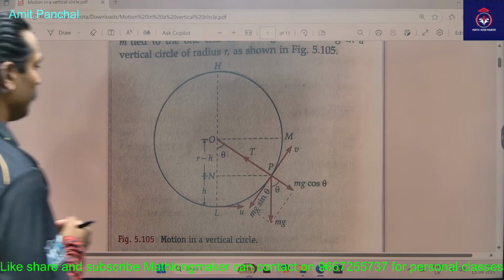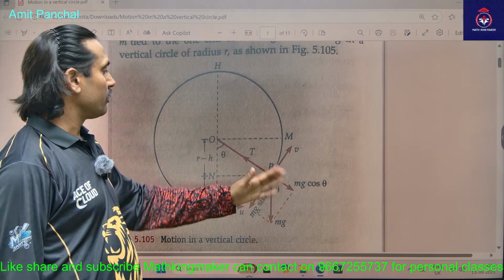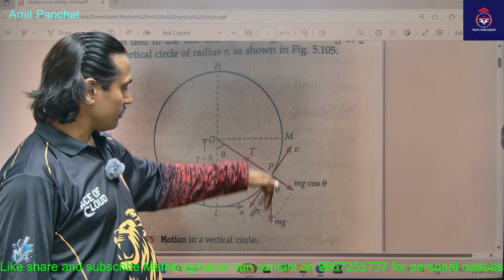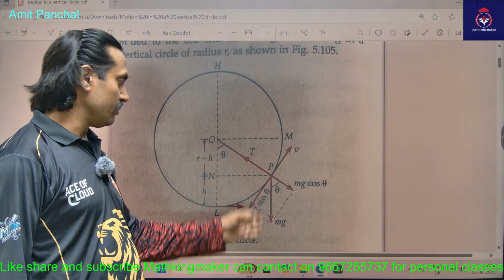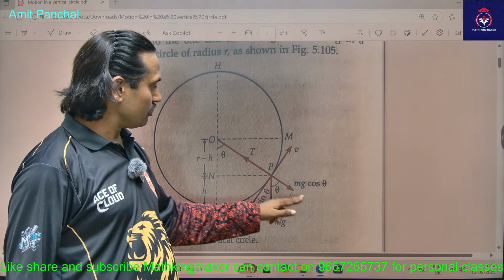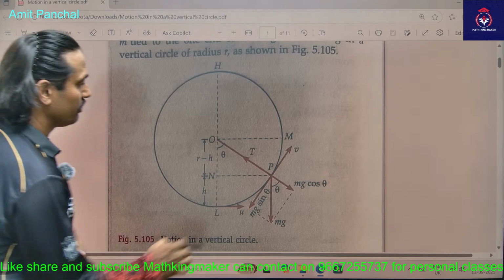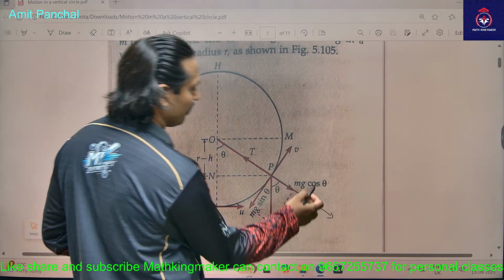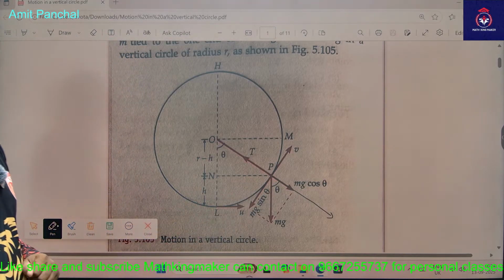There would be the tension, which will be inward, and the weight mg, which will be downward. If this angle is theta, this component of mg will be mg cos theta and that one will be mg sin theta.